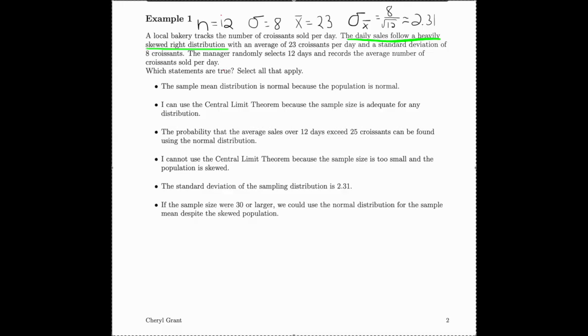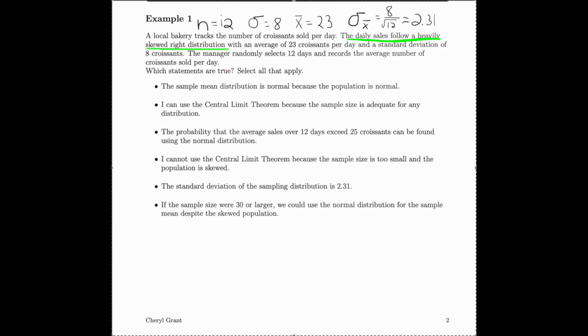Does the central limit theorem apply? In order for us to be able to use the central limit theorem, we need to have randomly selected samples and observations to make sure that we have independence of observations. And then the other thing is it needs to meet one of the true criteria. It only needs to meet one.